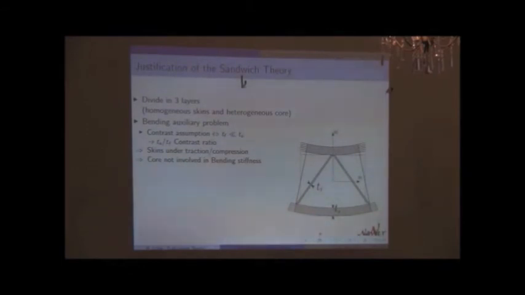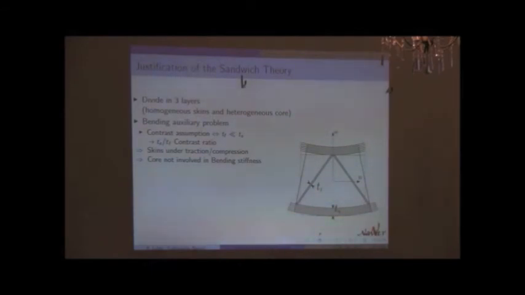This is what is classically done in sandwich theory. But the advantage here is that since we used the correct bending auxiliary problem, we can quantify precisely this contrast assumption. It is very often a bit fuzzy in the literature.